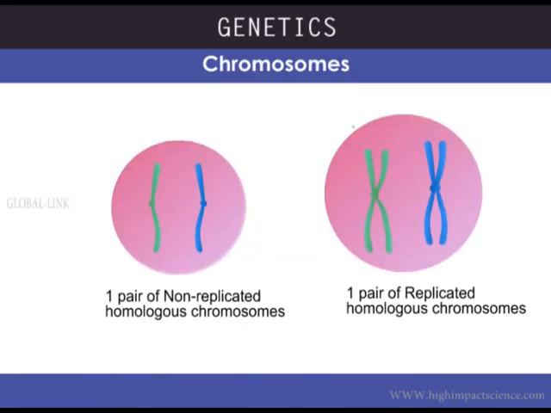Within the body cells or somatic cells, chromosomes exist in pairs. Each pair has a characteristic length, and the members of each pair are called homologous chromosomes. Homologous chromosomes are similar, but not necessarily identical, as we saw in Form 3. Let's recall the human genome we had in Form 3.